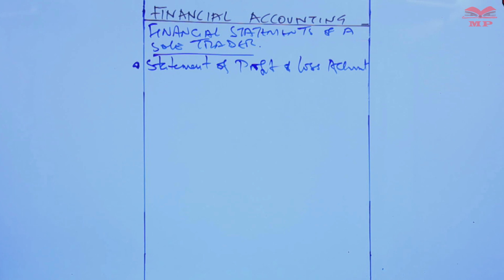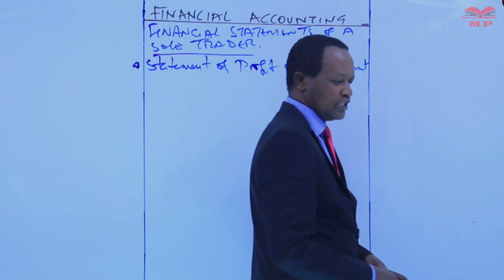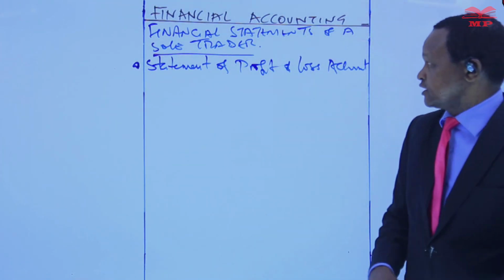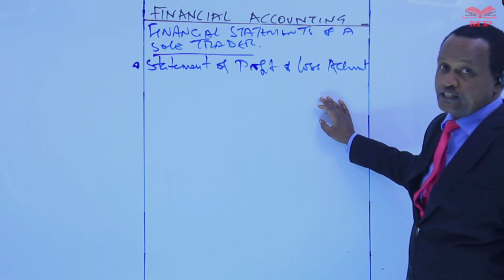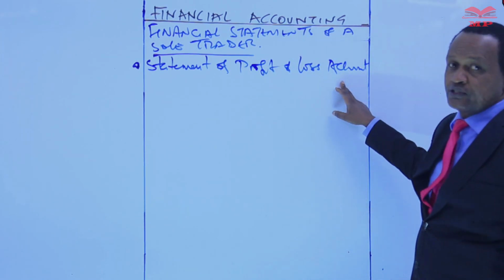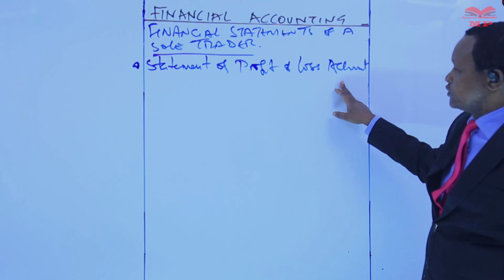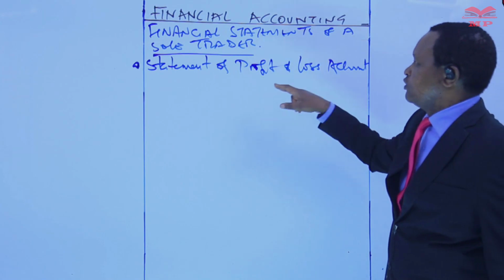It will have revenues like sales, services. It may also have expenses like rent, salaries, utilities, airtime. All expenses that are incurred by the business are recorded in the profit and loss account in the process of determining the profit or loss. So it is the statement of profit or loss.